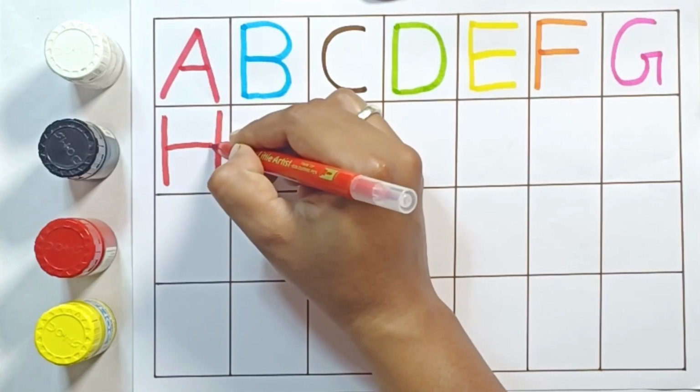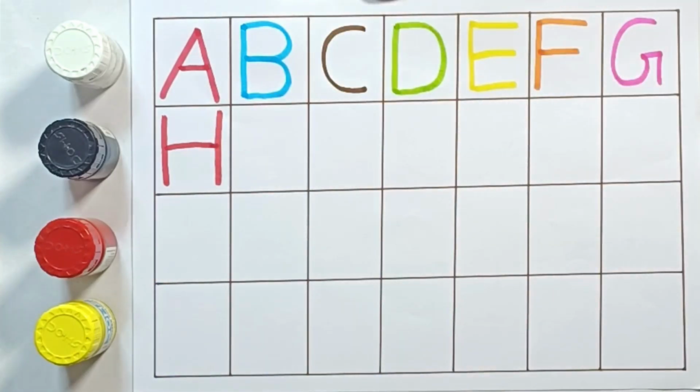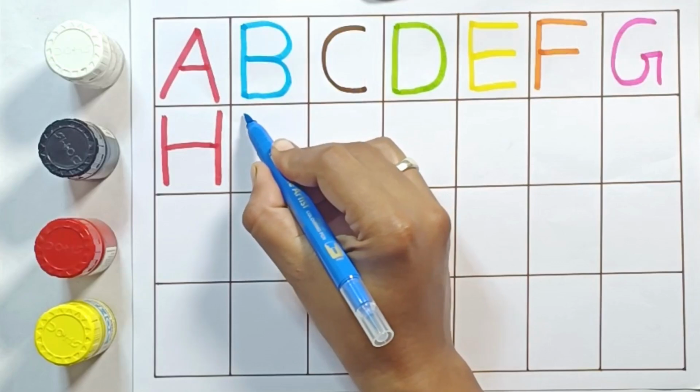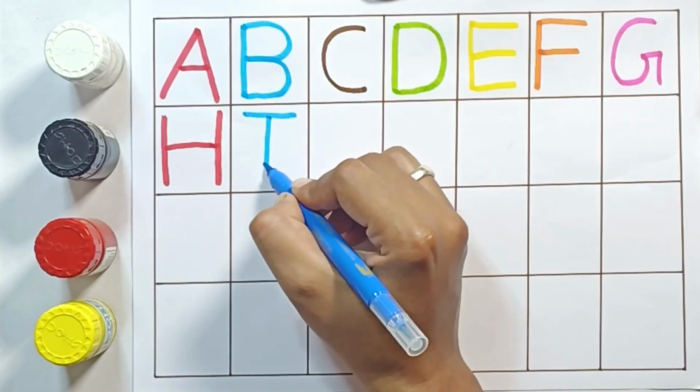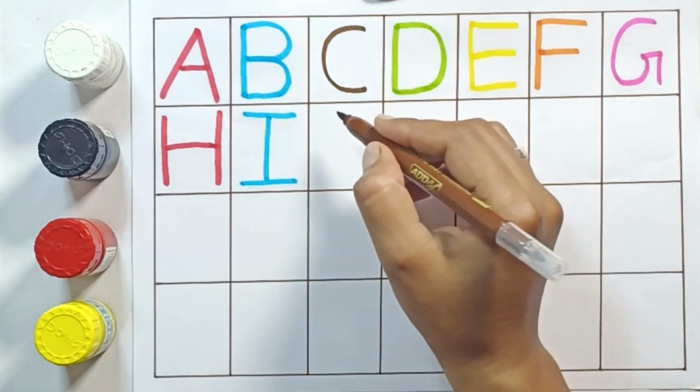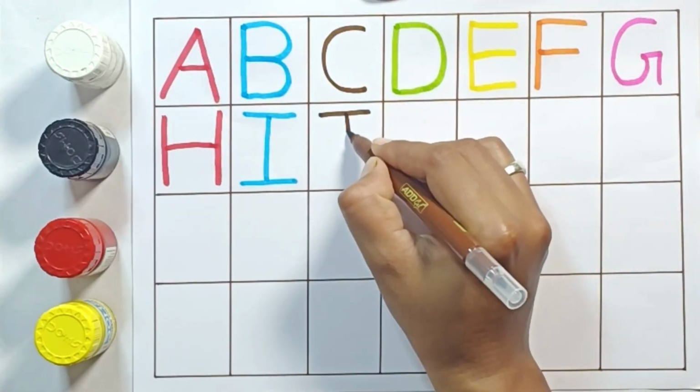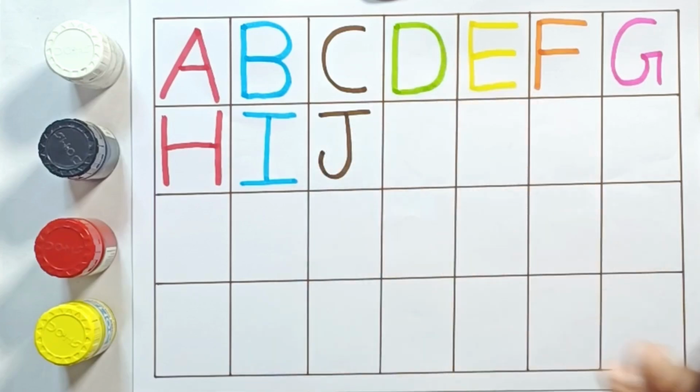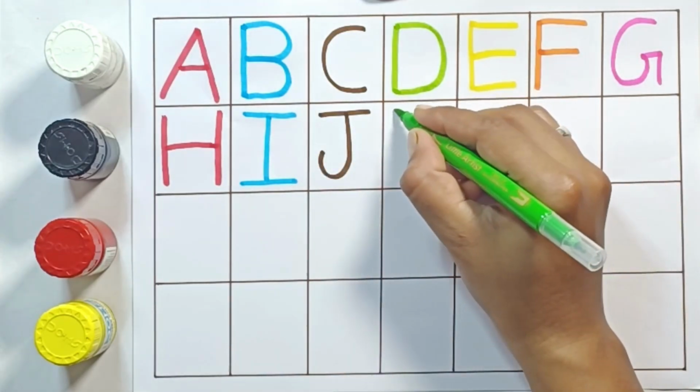H for horse. H for horse. I for ink pot. I for ink pot. J for jackfruit. J for jackfruit.